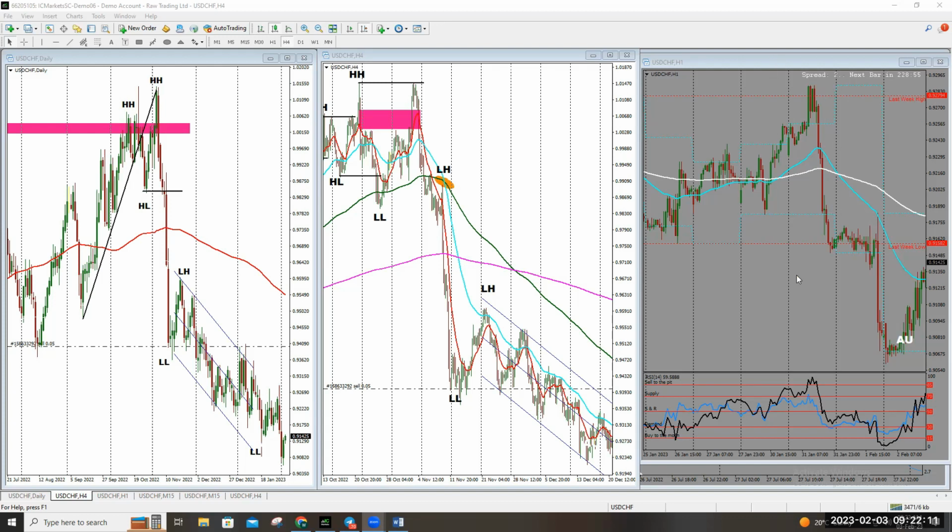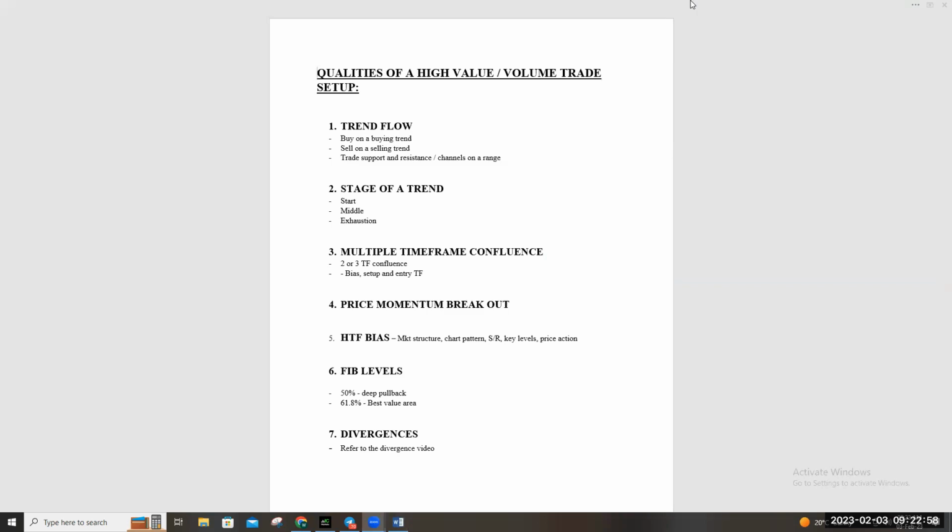And on a lower time frame, the H1 here, the market is also having high value trade setups to the downside. So when 3 time frames are showing the same direction, then we say that is a high value trade setup. There is confluence. There is no particular time frame that is pushing in the opposite direction as what we have chosen. So that is a very good quality.